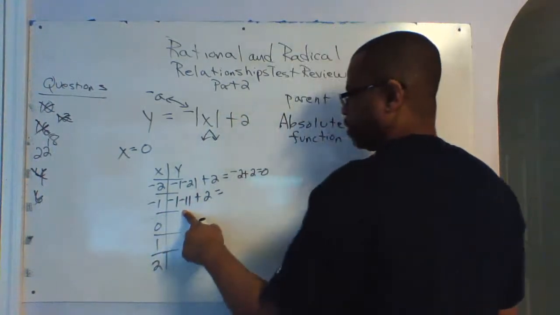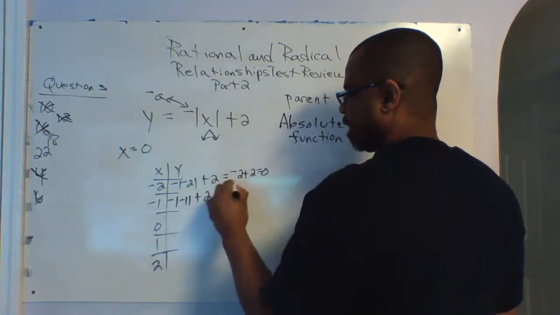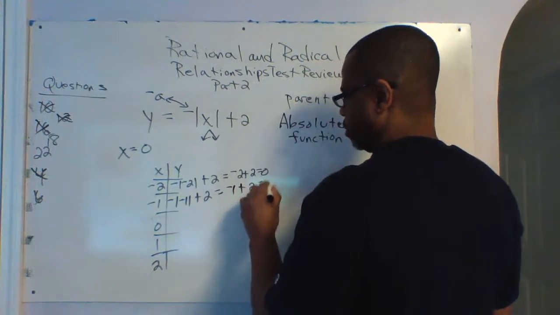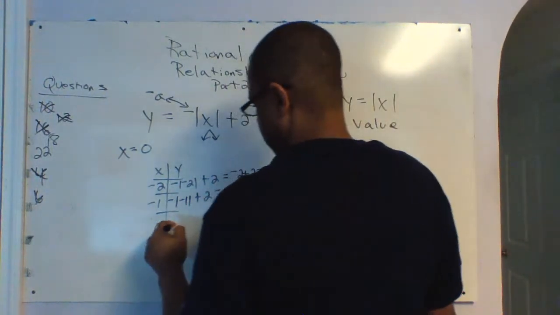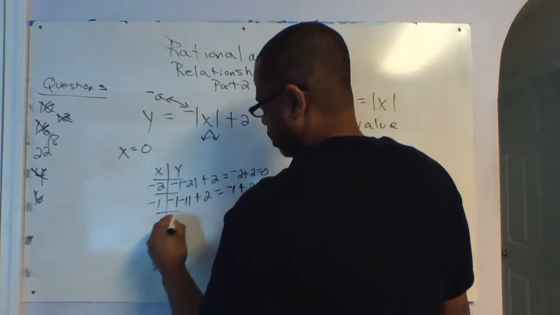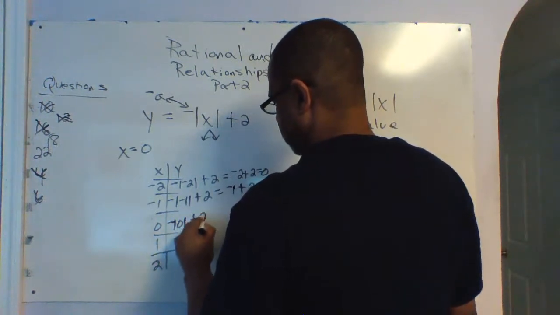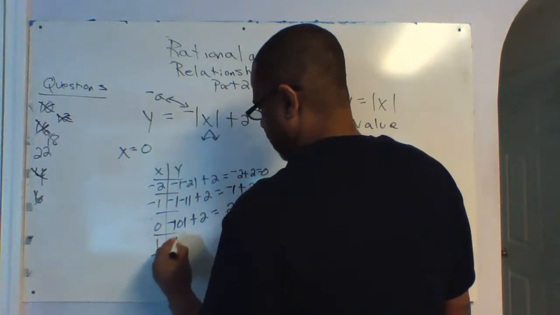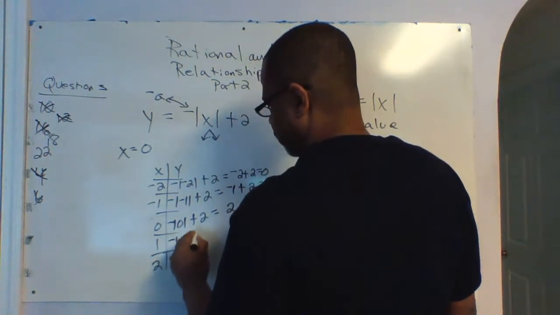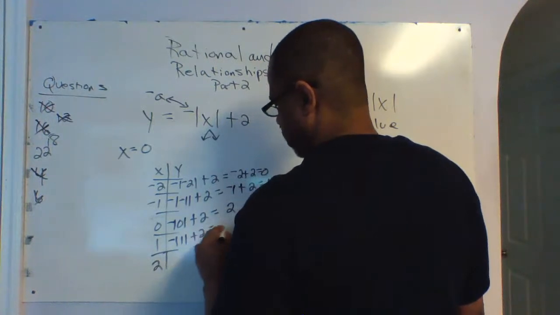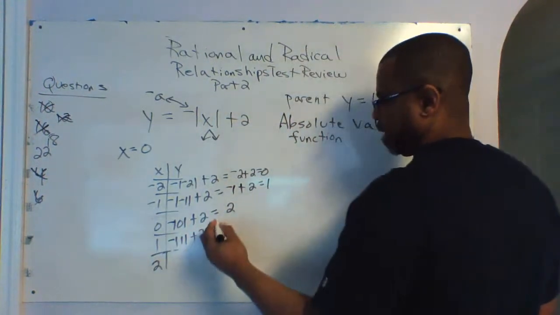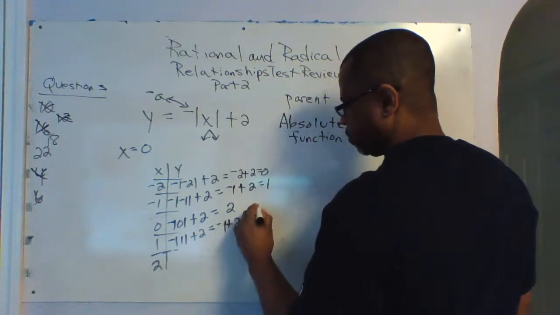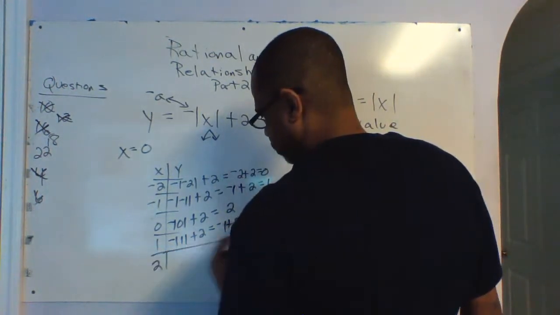Absolute value of -1 is 1. We have a negative on the outside, so that's -1 plus 2, which is going to be 1. Then if I plug in 0, that's plus 2, so that's 2. And then if I plug in 1, absolute value of 1 is 1, but since it's got a negative on the outside, that's -1 plus 2, which is equal to 1.